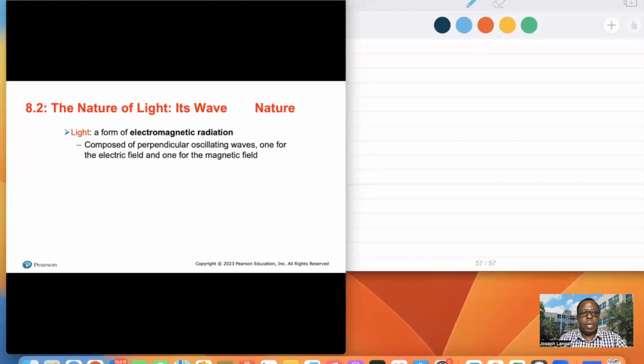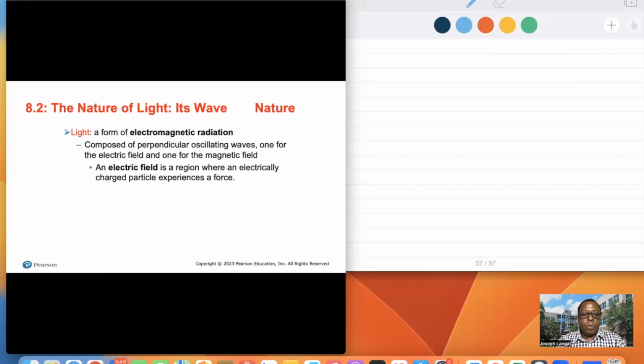What is electromagnetic radiation? Electromagnetic radiation is composed of perpendicular oscillating waves, one for the electric field and one for the magnetic field. There is the wave, and then there is the electric field, and then there is the magnetic field.